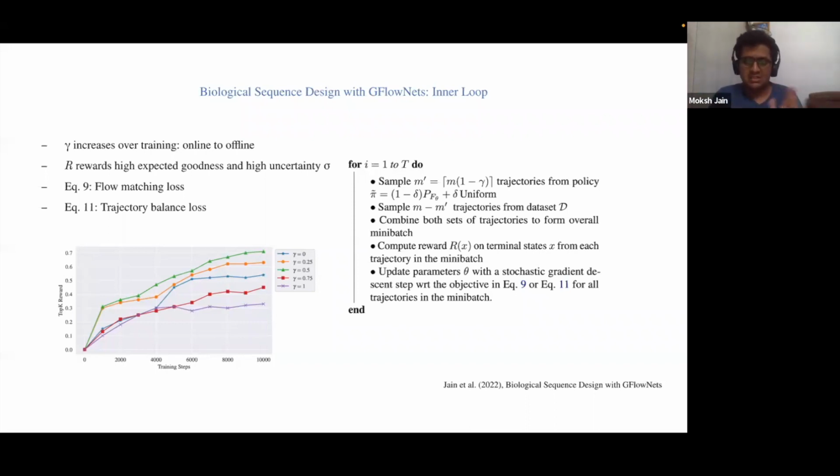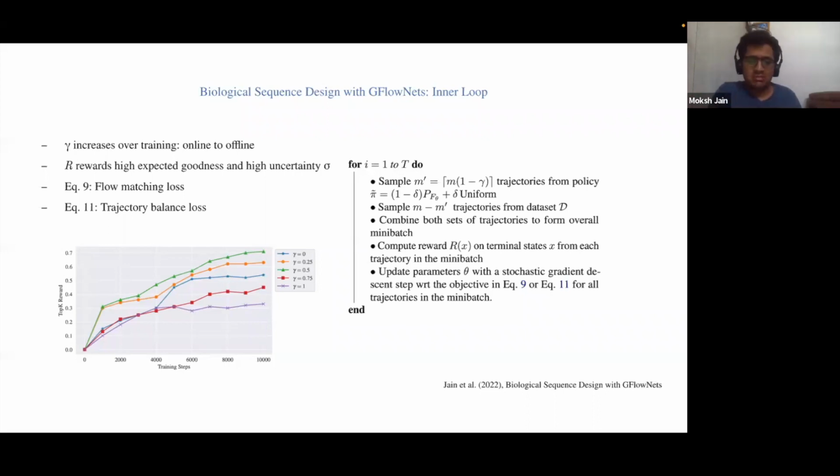And one of the working hypotheses for why 0.5 seems to work the best is that there is always this delicate balance of exploration and exploitation, like in RL as well. The problem is if you train on mostly offline data, your policy will be constrained to stay in that region, and you might suffer in exploration.